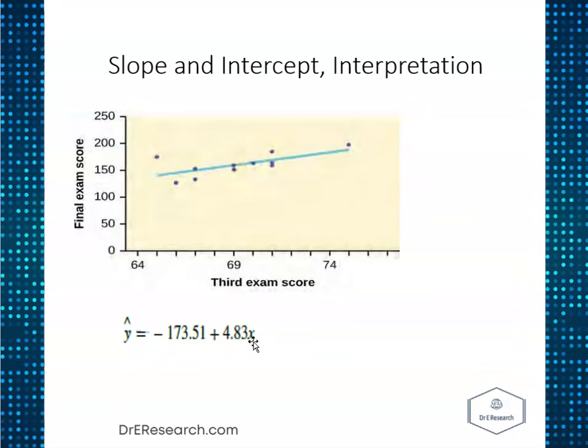So the most important thing we often use in terms of interpretation from this equation is this. If x is increased by 1 unit, y is predicted to increase by 4.83. So if someone scores 1 point higher on the third exam, our best prediction is that they'll score almost 5 points higher on the final exam compared to somebody else, okay? So that's how we're going to interpret those.